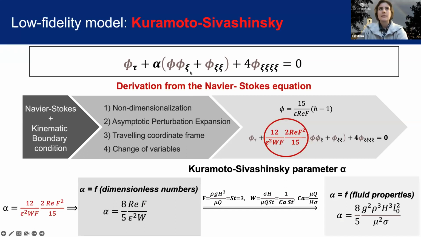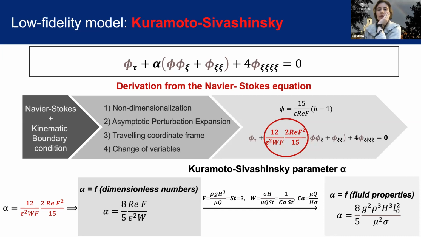And so you can see that the variables, the time variable tau and the spatial variable xi, are different from the spatial and temporal variables previously shown in Navier-Stokes. The equation is derived by eliminating higher order terms using asymptotic expansion, and these variables are derived by changing the coordinate frame and doing some additional changes.